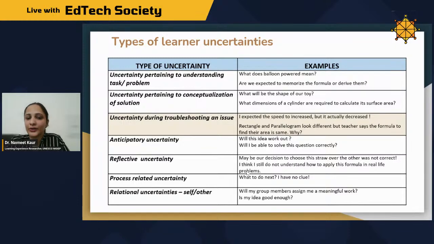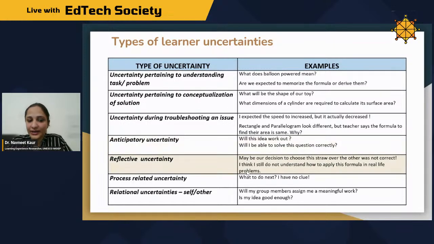So they might try to figure out where the gap is, and troubleshoot those situations. Similarly, they also have uncertainties related to the future, basically whether the decisions and actions they are taking will be fruitful or not. So they can have questions like, will this idea work out or not? Will I be able to solve this question correctly or not?